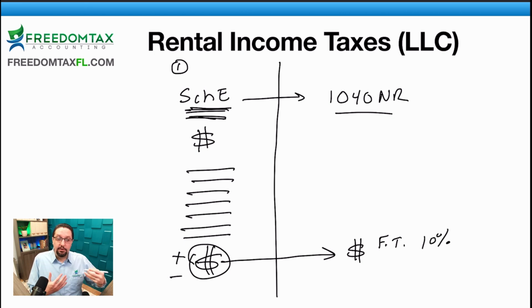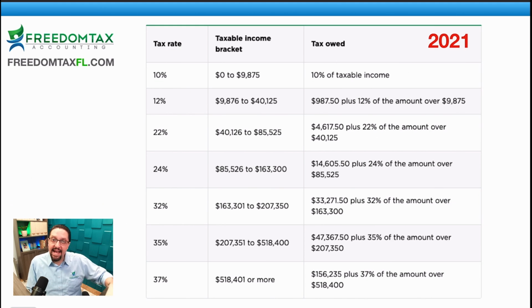And you are subject to the same tax rates as if you were buying the property under your name. So see how in most cases there's not a tax advantage if you buy properties under an LLC or under your name. The LLC is more legal asset protection. That's the main advantage of the LLC.